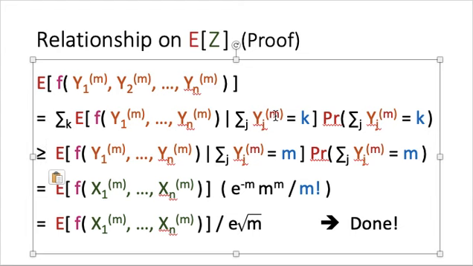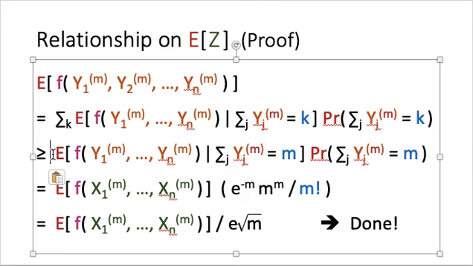When we consider just one particular case where we set k to be m here, what do we know? This probability is the definition of a Poisson random variable with parameter m, right?